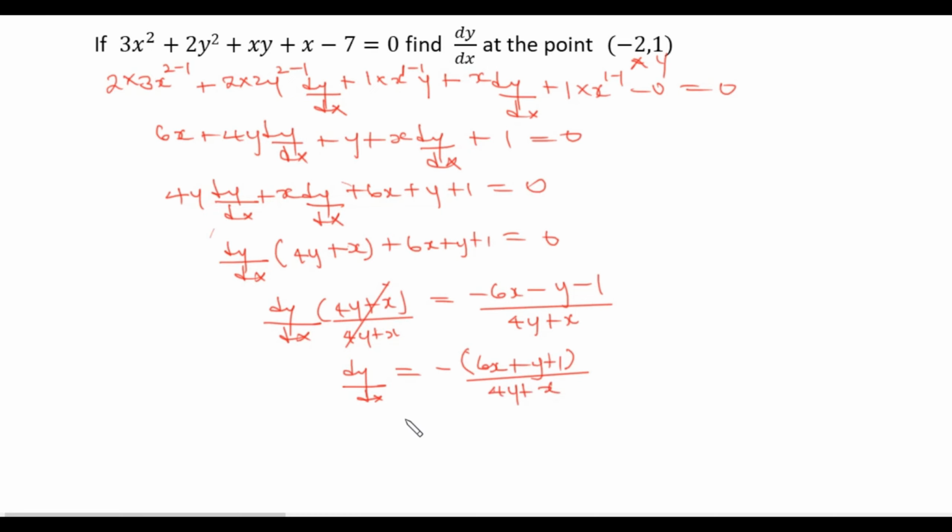Now we have dy/dx, and we have to find it at the point (-2, 1). This is our x value and this is our y.